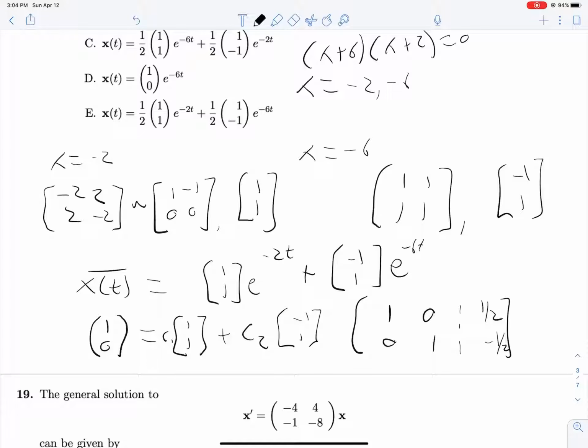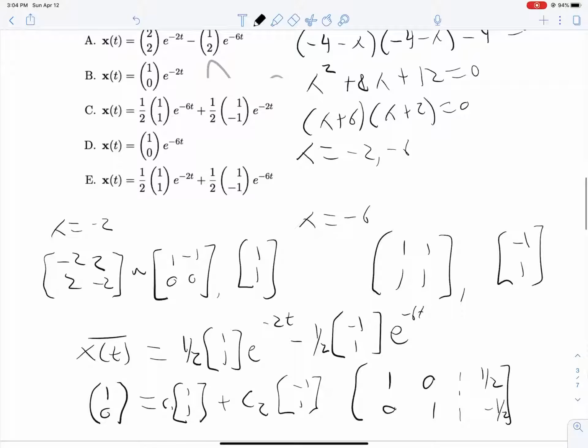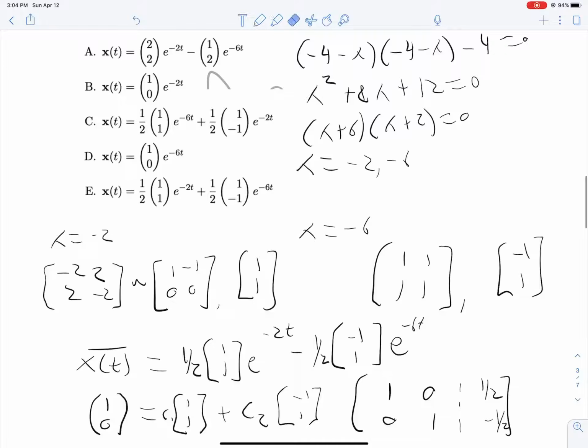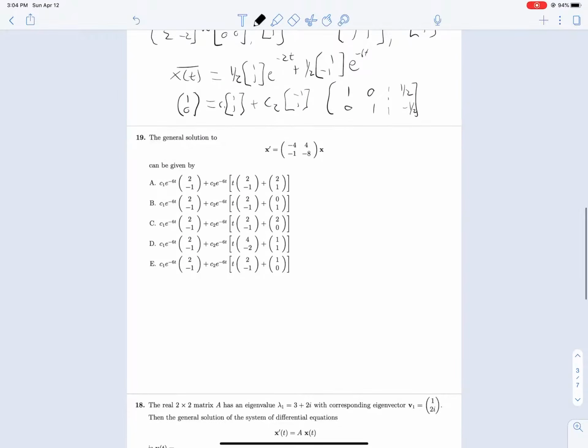We see that c1 is equal to 1 half and c2 is equal to negative 1 half. It looks like they have factored this negative 1 in here, so we will do that as well, and we are left with option, not option C, they have the 6 in the wrong spot, option E. Yep, that looks good to me.